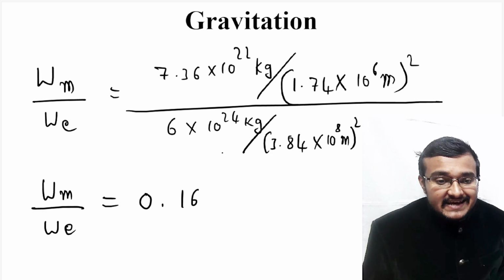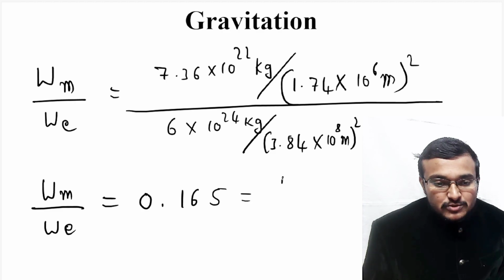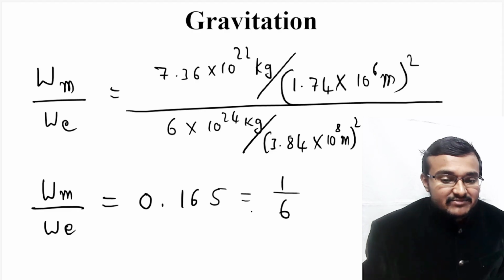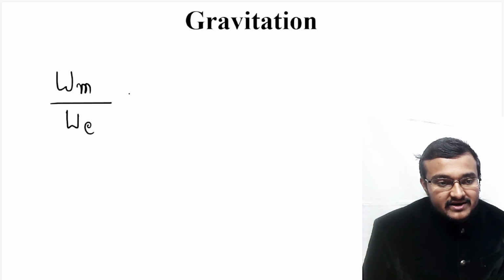If you calculate this entire thing, you will get 0.165 as your answer. So 0.165 can approximately be written as 1 by 6. That means the ratio of weight on the Moon to weight on Earth is equal to 1 by 6.